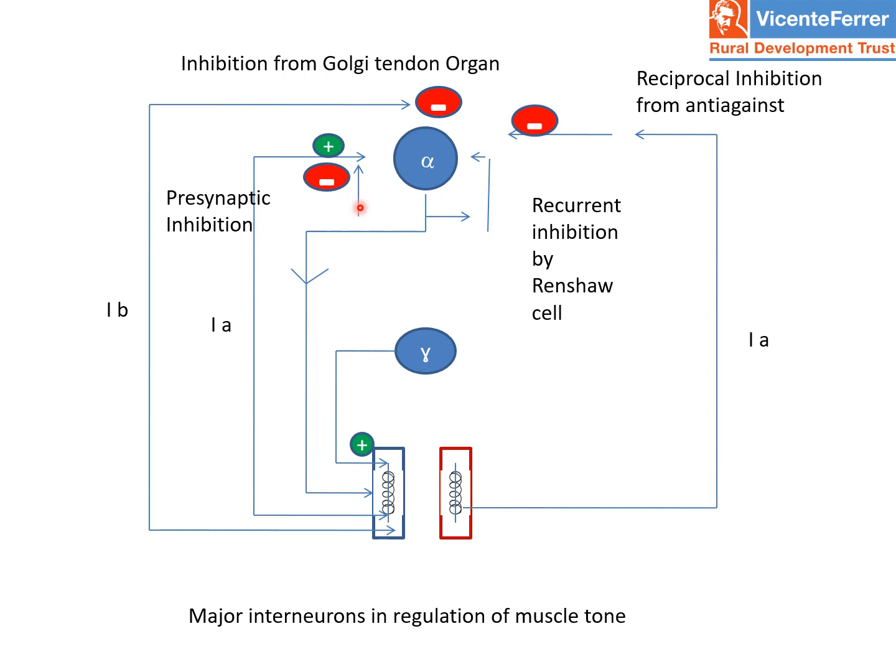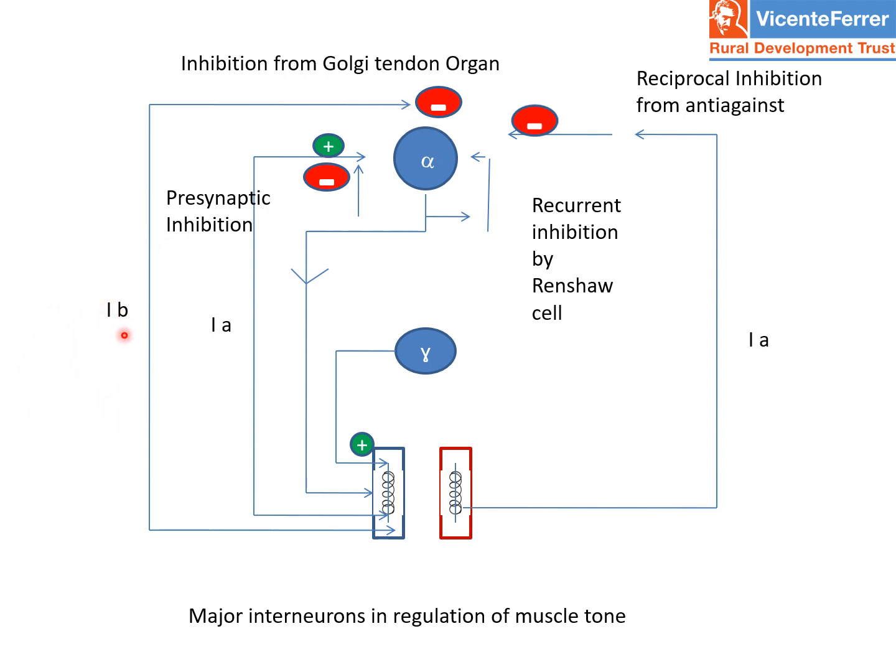So, what are all the other neurons which help in controlling the muscle tone at the spinal level? This is one area where there will be continuous presynaptic inhibition at the level of the activation of the alpha motor neuron through the 1A fiber, and another negative or inhibitory signal to the alpha motor neuron is through the 1B fiber.